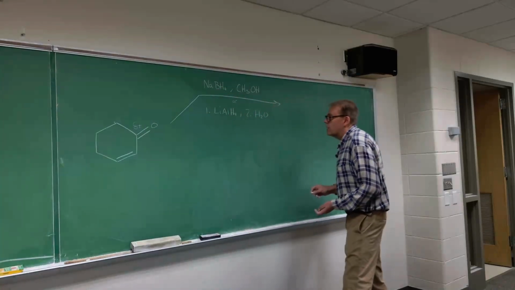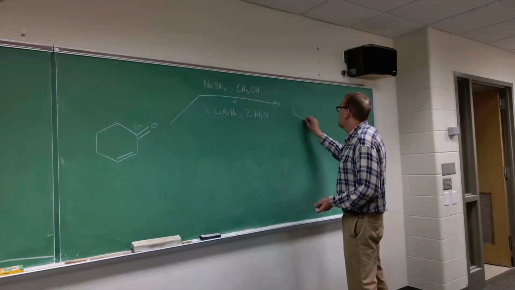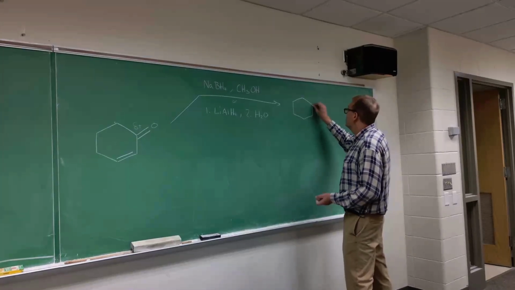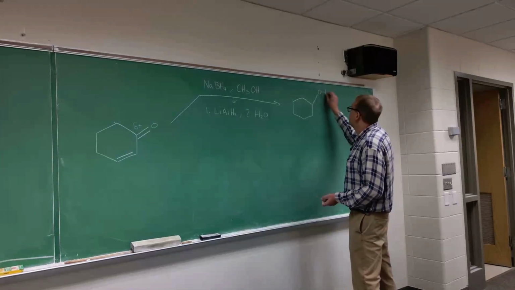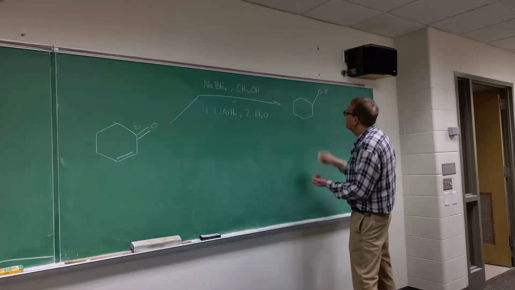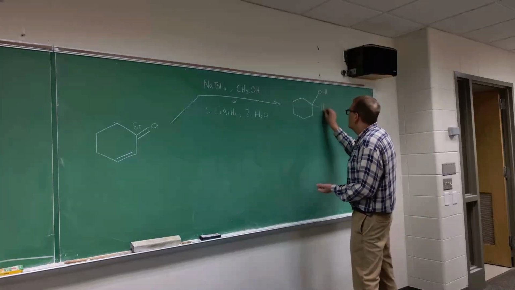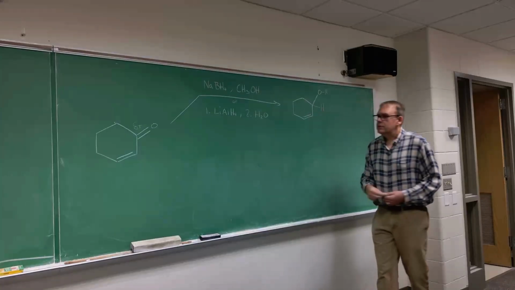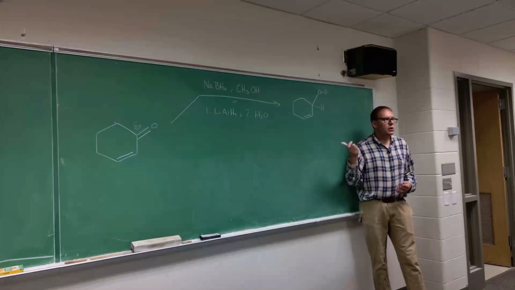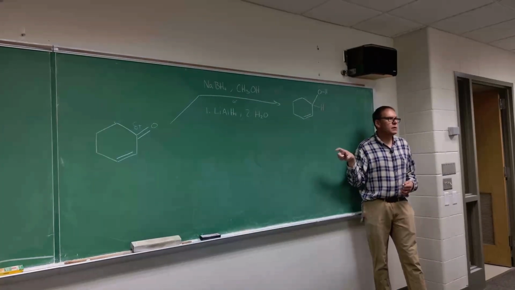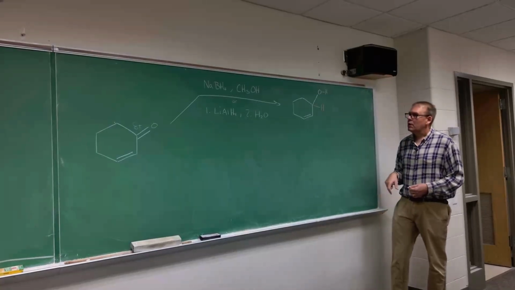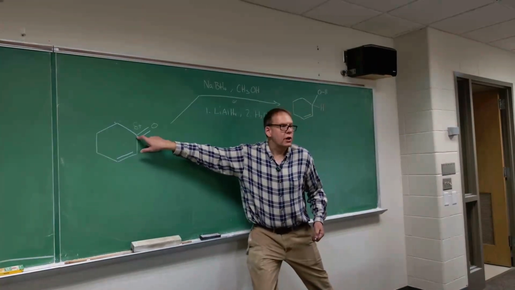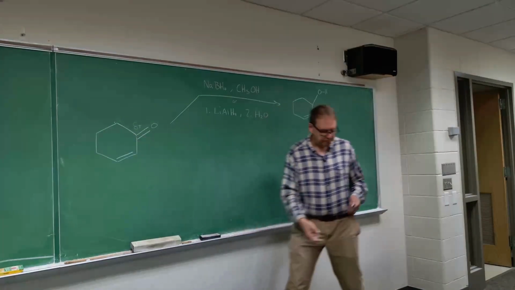We're going to get a hydride that's going to add there. But the double bond is going to be left alone. So this is a way to reduce selectively a carbonyl group in the presence of a C-C double bond, because these metal hydrides only attack the partial positive charge on the carbonyl carbon.